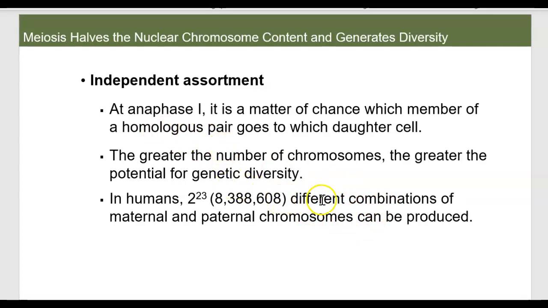And you can see there's just a tremendous amount of potential for diversity. So in humans, remember that we have 23 pairs of chromosomes. So statistically, you could say 2 to the 23rd, which is this big number here. Different combinations between the maternal and the paternal chromosomes can be produced.